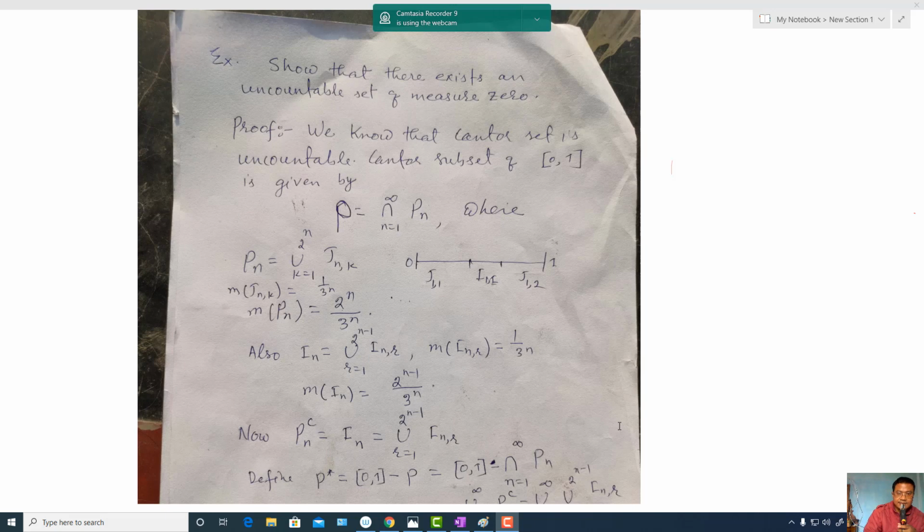So, the Cantor set being a non-empty perfect subset of R, the Cantor set is also uncountable. So if we are able to show that the Cantor set has Lebesgue measure 0, then we are able to give an example that there exists an uncountable set whose Lebesgue measure is equal to 0.